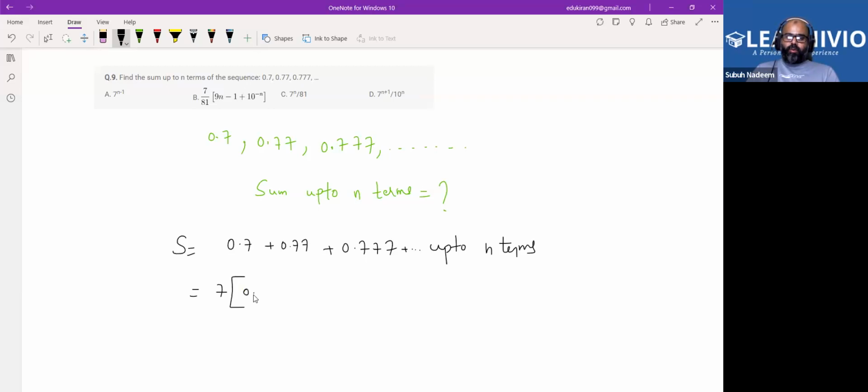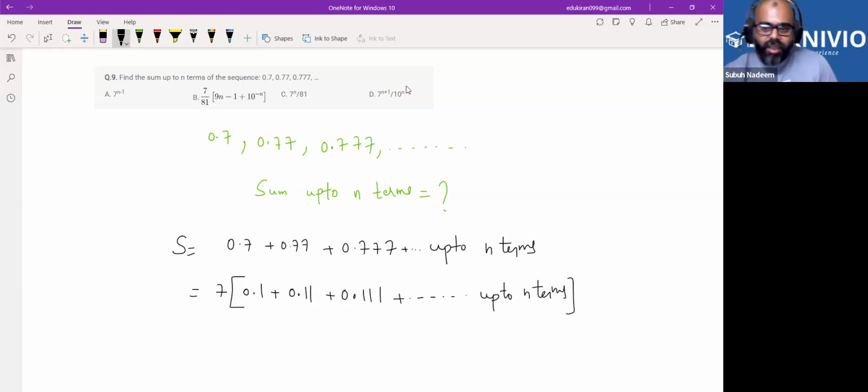So it will become 0.1. It will become 0.11. It will become 0.111 and so on up to n terms. Okay, we can write it like this. Still, it is not a GP.